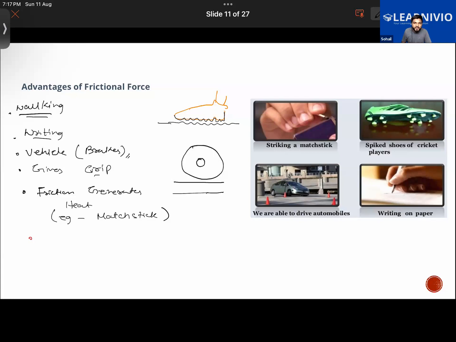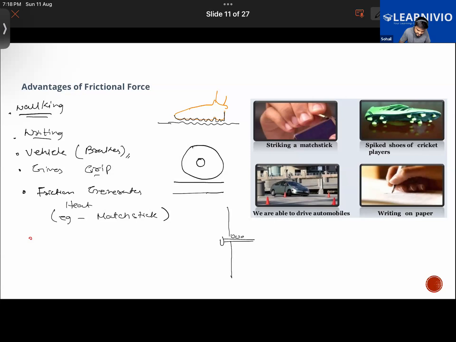If there were no friction, that nail would come out and slip. The reason why an iron nail sticks into the wall and is able to hold on to heavy objects as well. Why? Because of the friction.